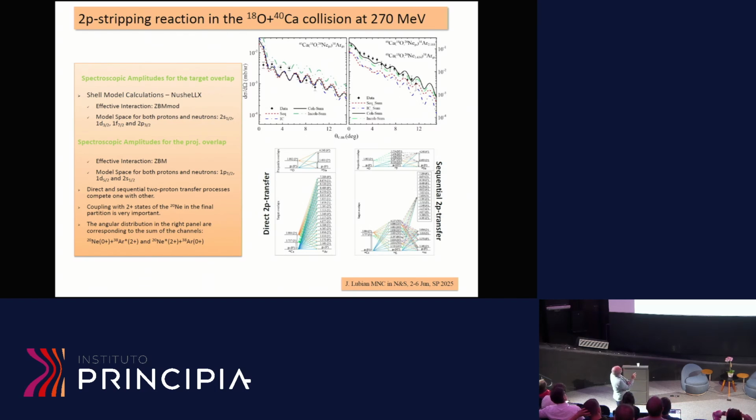This was the pilot experiment of the Nuclei project. It was oxygen-18 plus calcium-40, where they were trying to study the double charge exchange reaction. I am looking here only at the two-proton part, and we see that we have the same order of magnitude, even almost equal, for the sequential and direct transfer reactions for the ground state transfer and also for the first excited state of argon-38.